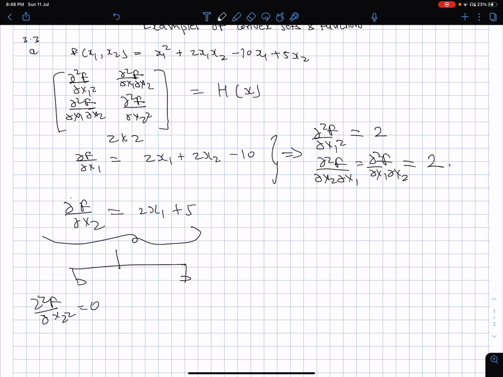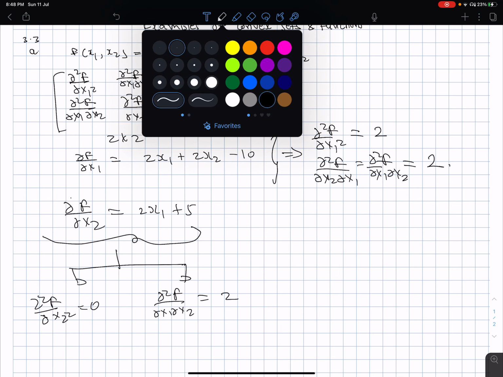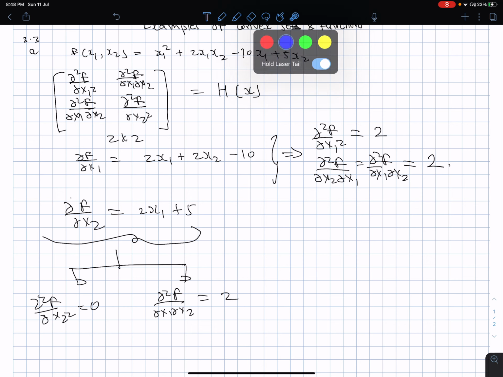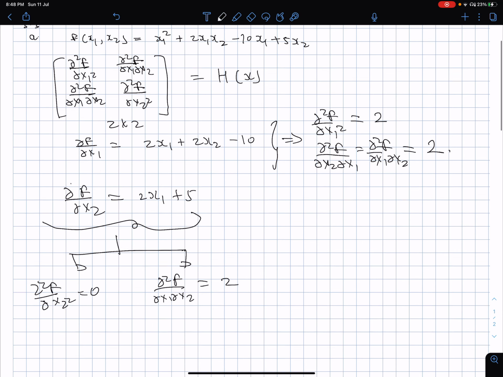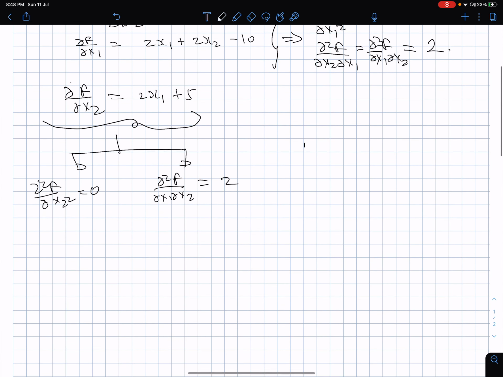And if I take the partial derivative of this with respect to x1, then I will get del square f by del x1 del x2, which is equal to 2, which you can see matches with this. So my calculation is correct. So therefore, what is the Hessian in this case?